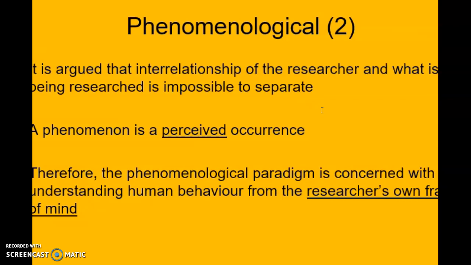Therefore, the phenomenological approach is concerned with understanding human behavior from the researcher's own frame of mind. And if we are to extend that statement, it will mean that everybody sees things differently. If you have two people observe something, each and every one would come away with different interpretations of whatever they've seen or observed.